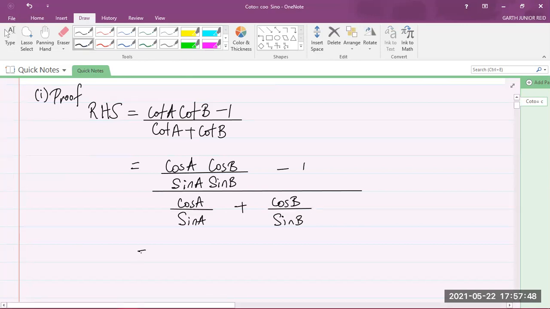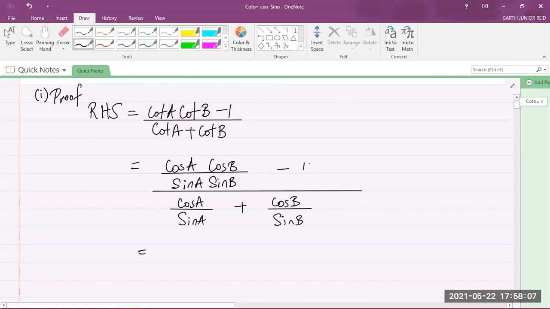This is now going to be equal to, now I want to change this minus 1 here. In the numerator up here, we want to have the same denominator. So I have the sine of A times the sine of B here.